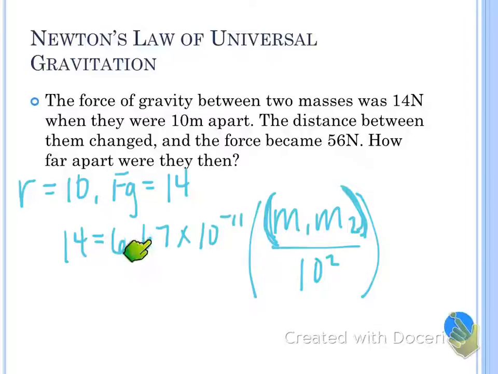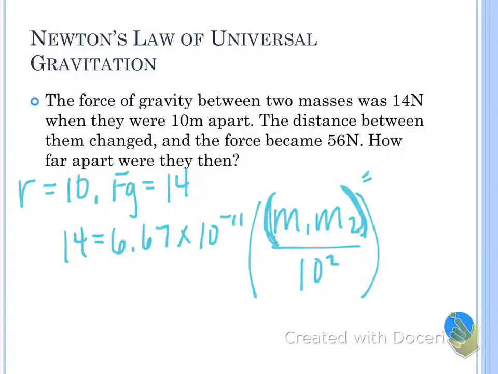The way we do that, we need to move this over first, and then we'll multiply by that 10 squared. So 14 divided by G. When you divide by a scientific notation, you need to use the E button, or you need to put it in parentheses. Did we get a pretty big number here?